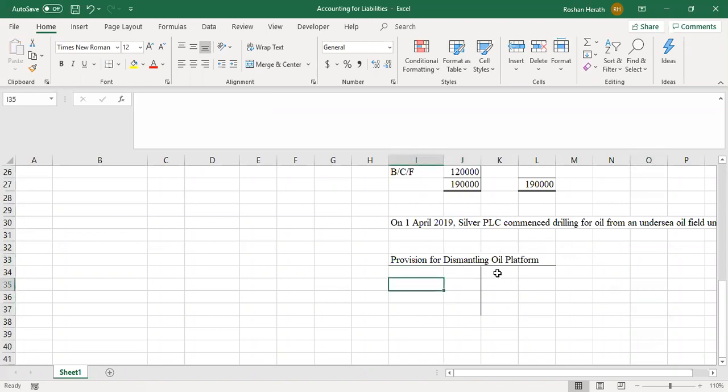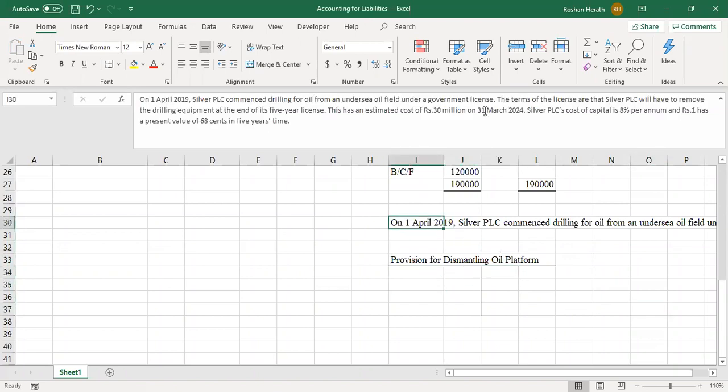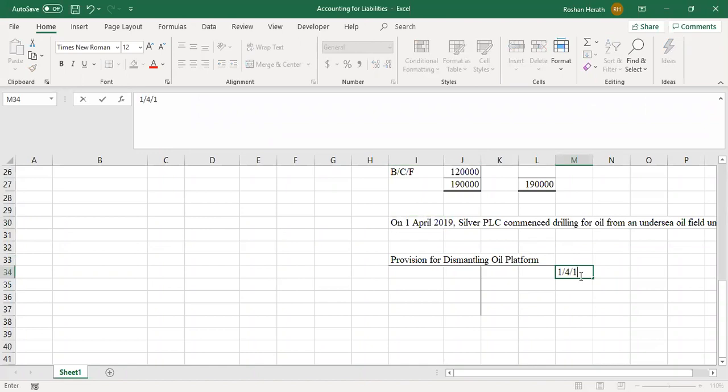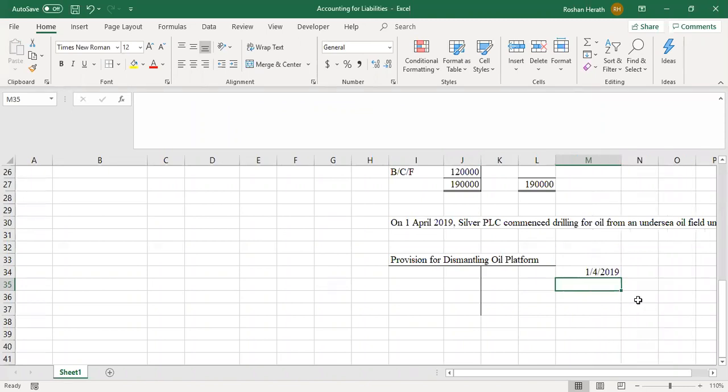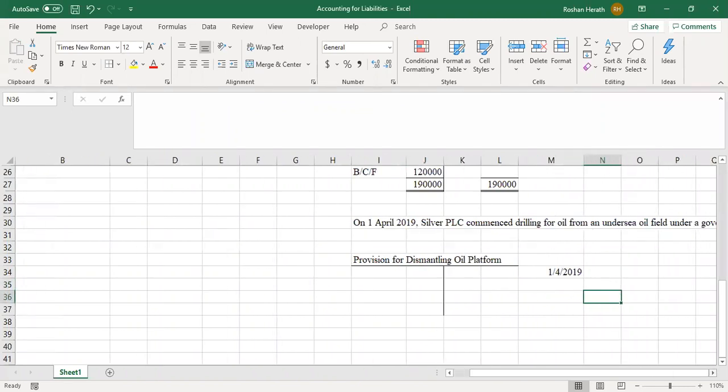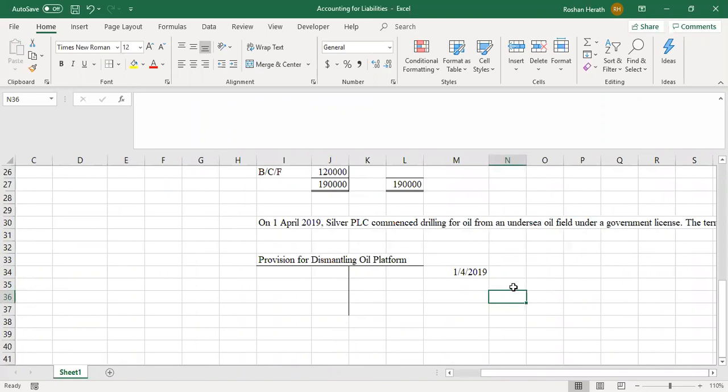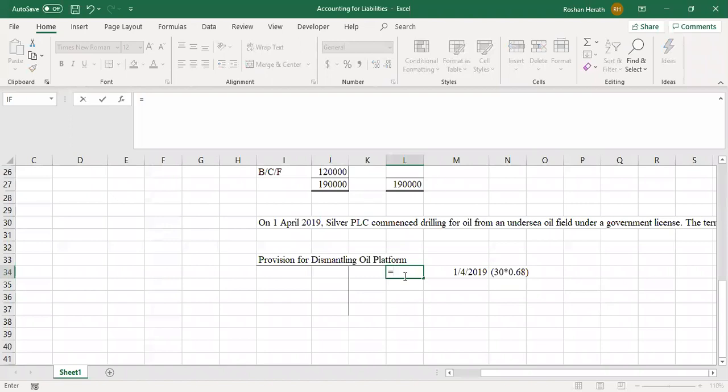So today we are at 1st of April 2019, and this is something that would take place in 5 years time. So therefore definitely you have to take the time value into consideration. Hence it's going to be 30 million into 0.68. That's the discounting factor you are given.